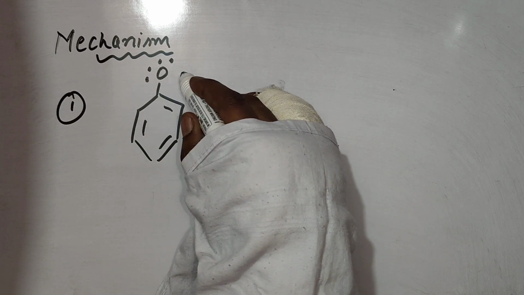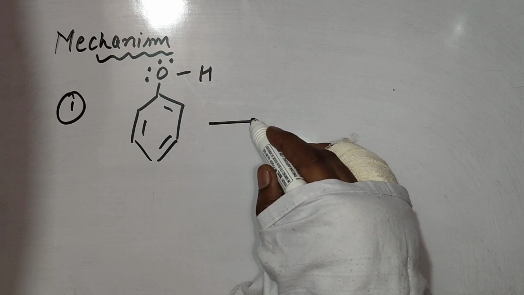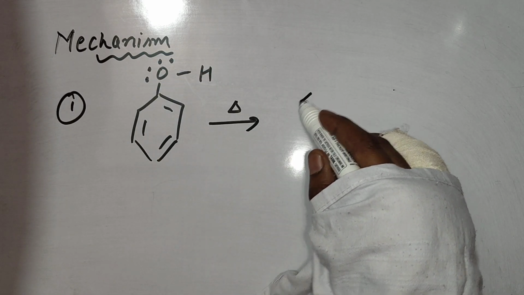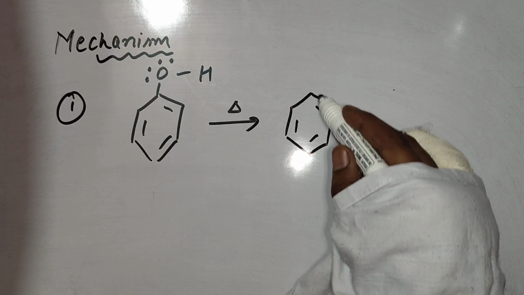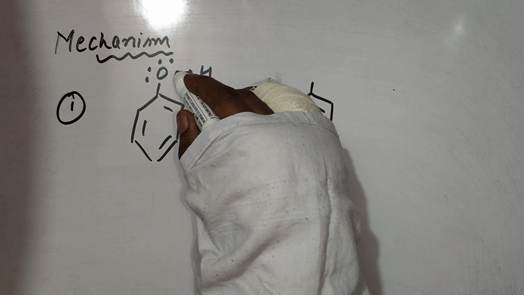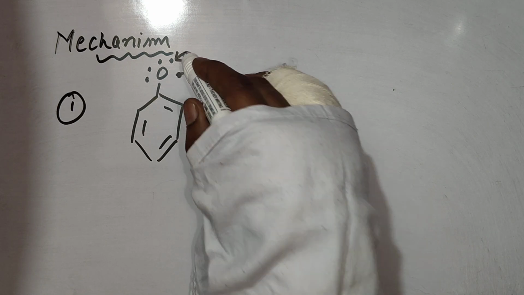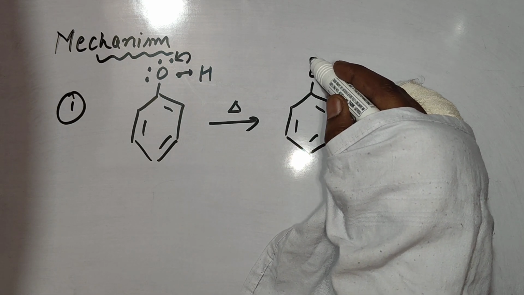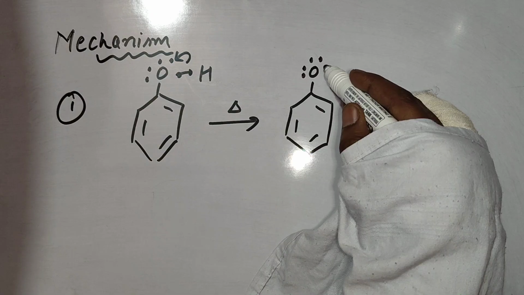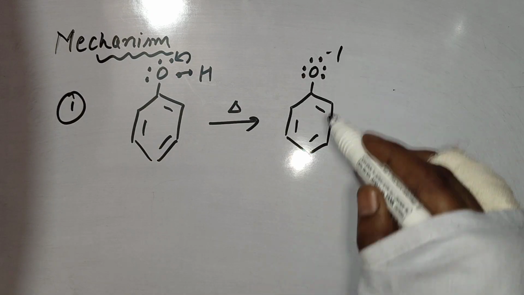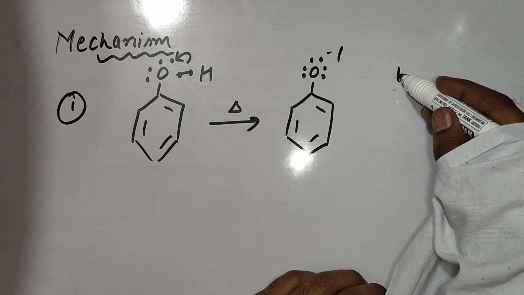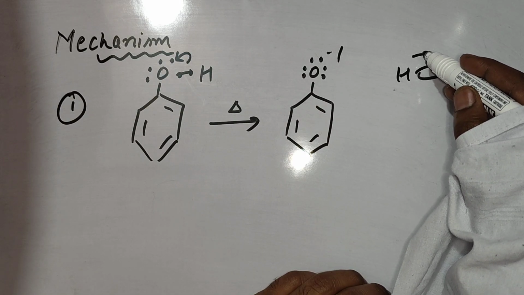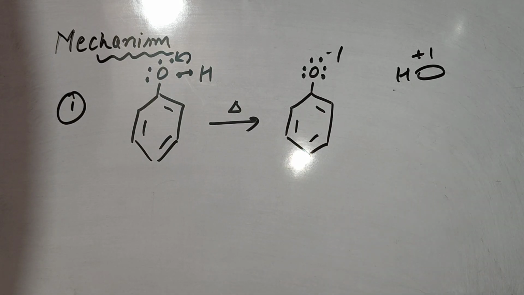When we heat phenol, firstly the phenol is going to lose this H positive. The bond between oxygen and hydrogen will break, and obviously electrons will shift toward oxygen because oxygen is more electronegative than hydrogen, and hydrogen with a vacant orbital and a positive charge will release out.